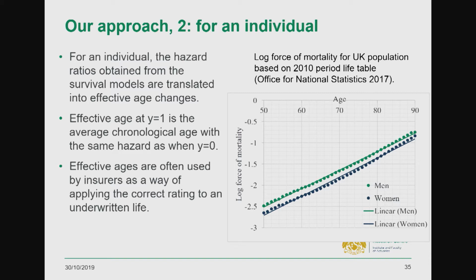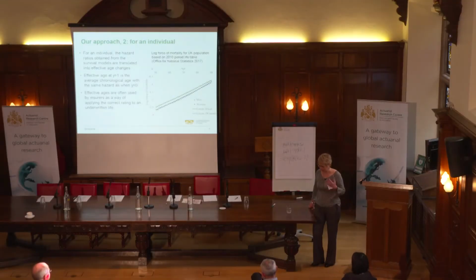You can see that they're not quite parallel, but they are both certainly linear. And that means that the survival, our longevity, for the English and Welsh population is well approximated by the Gompertz distribution, because the Gompertz distribution is a distribution which has straight lines on the log hazard scale.